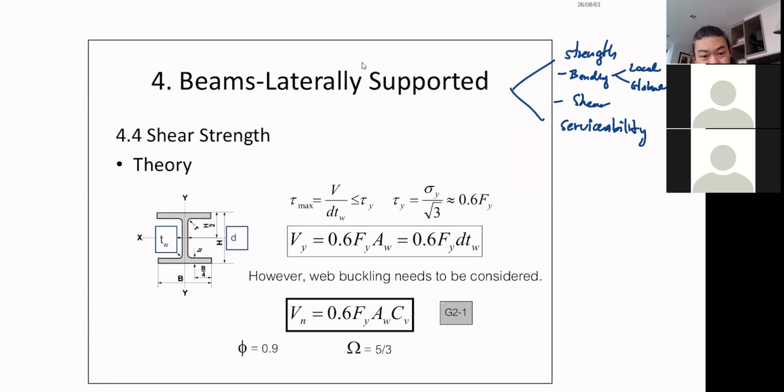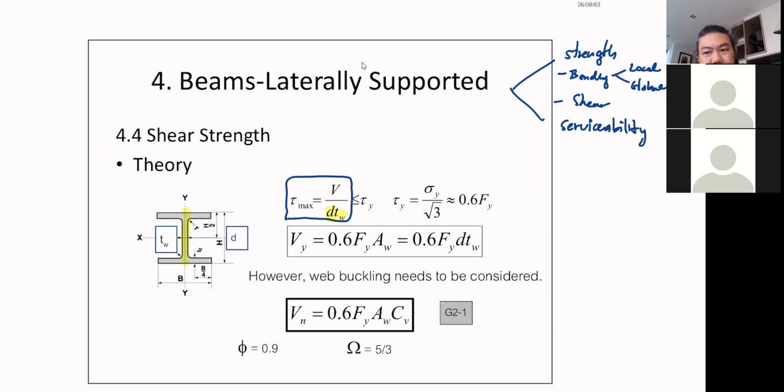Okay, now, wow, just look at this formula. Shear stress is equal to V over d t_w. Now, d is the entire depth, and t_w is, of course, the width of your web. So we are talking about this area, right? d multiplied by t_w.